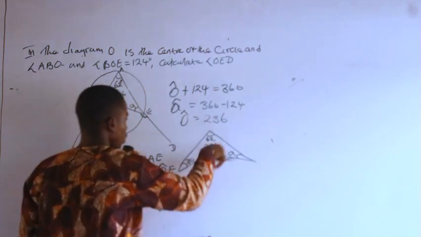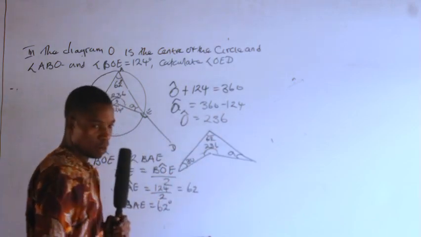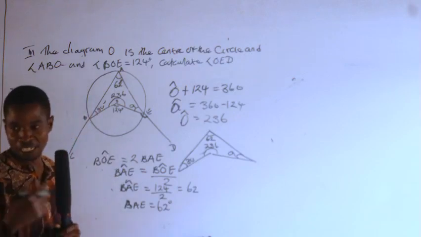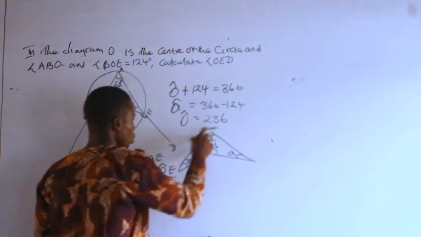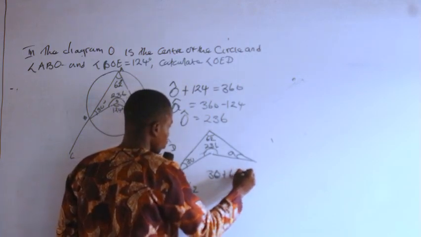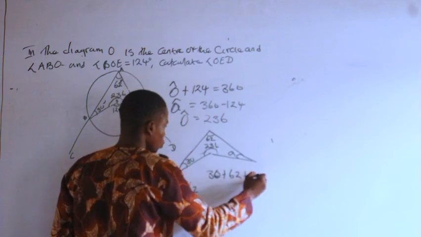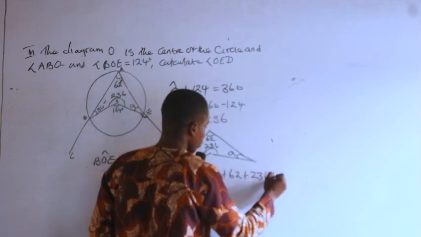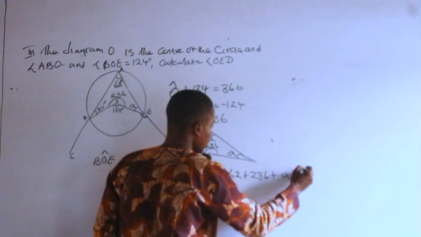Now, let us add all these interior angles together. We have exterior and interior angles. This is the interior angle. All of them will be 30 plus 62 plus 236 plus A equal to 360.